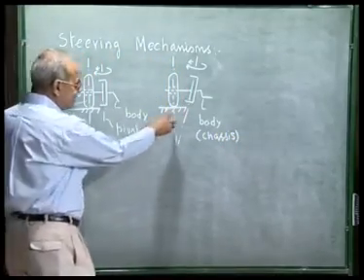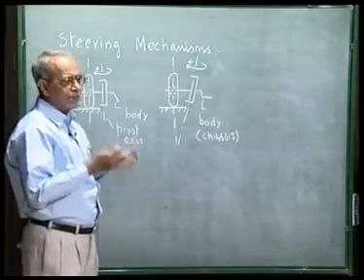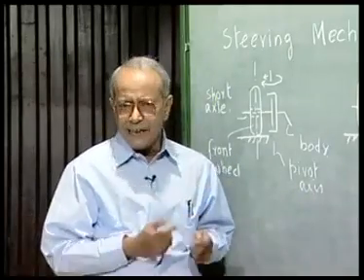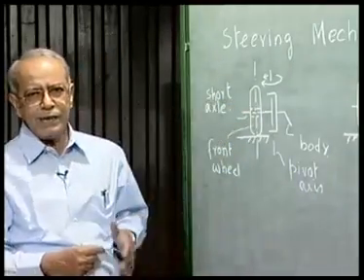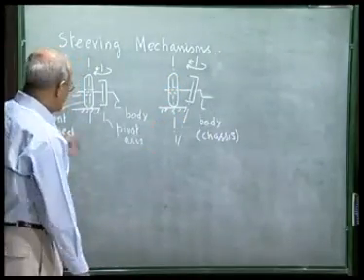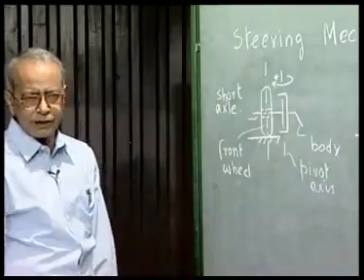What we see in this arrangement is that while taking a turn, the body of the automobile is lifted. Consequently, when the hand wheel, the steering wheel, is released, the car automatically comes to its original position and the wheel becomes straight. We shall discuss this type of steering mechanism in our subsequent discussion.